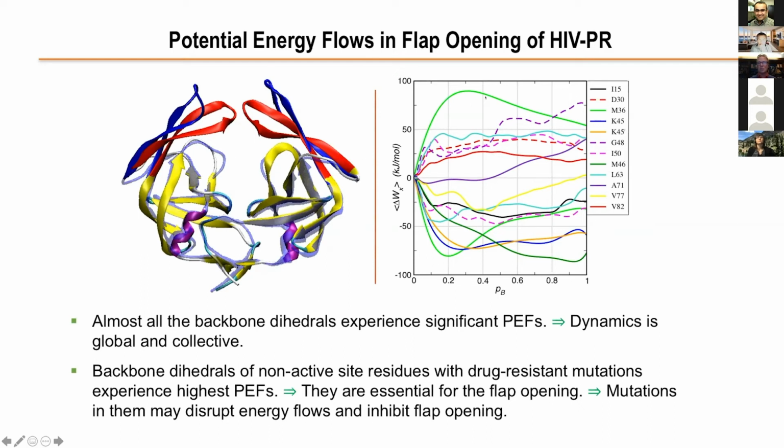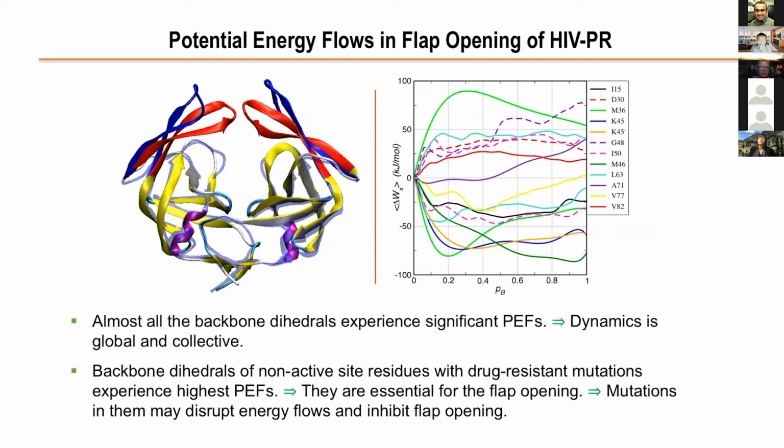You can see here are the potential energy flows. So basically what we can see is that almost all the backbone dihedrals have very high potential energy flows. That means the dynamics is very global and collective. And also many dihedrals of the non-active site residues with drug-resistant mutations have high energy flows.